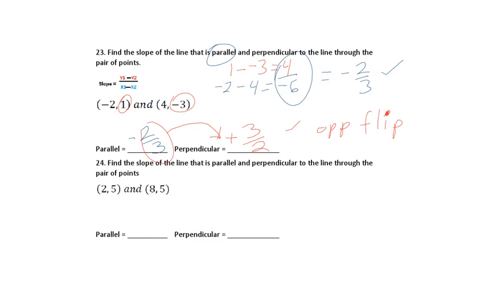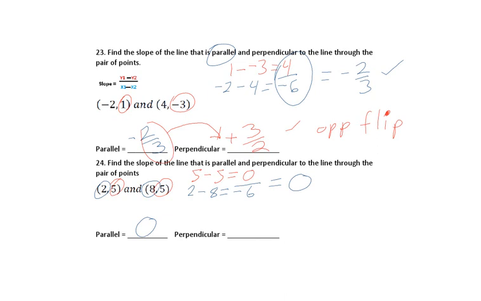Okay, 24. Let's do the same thing. The y's are 5, so 5 minus 5 is 0. And then the x's. 2 minus 8 is negative 6. But 0 divided by anything is always 0. So the slope is 0. So parallel is 0.